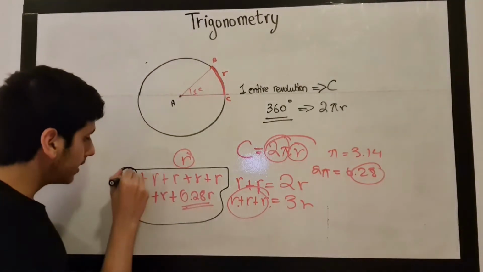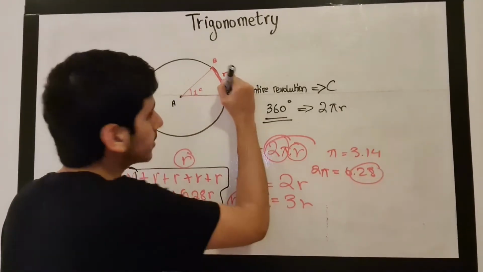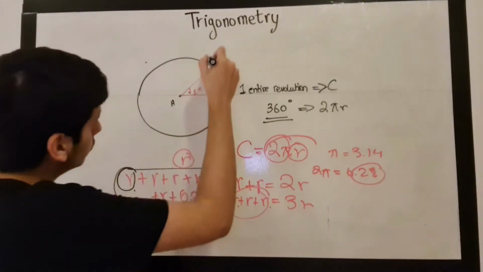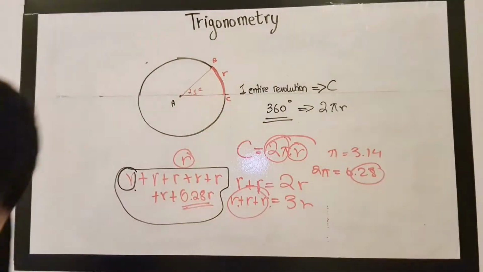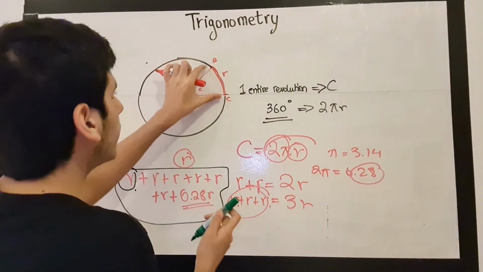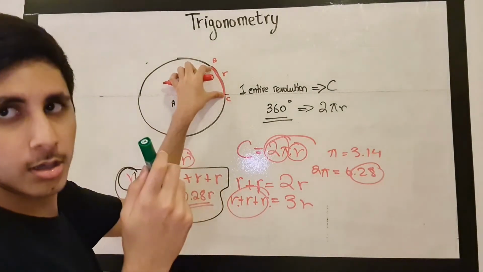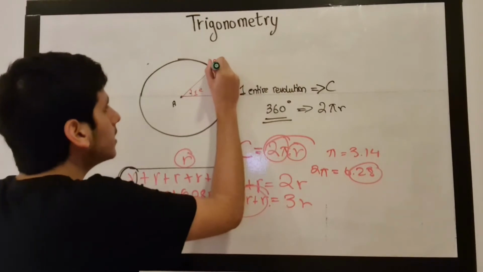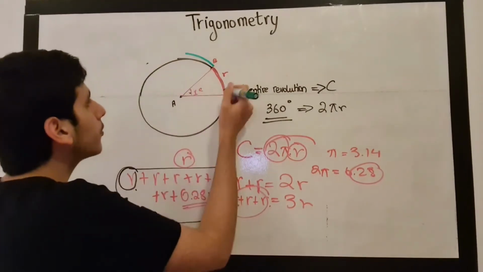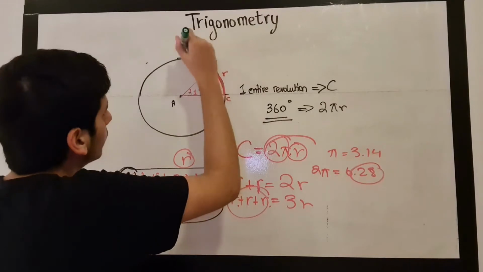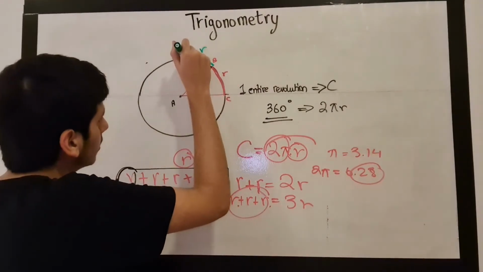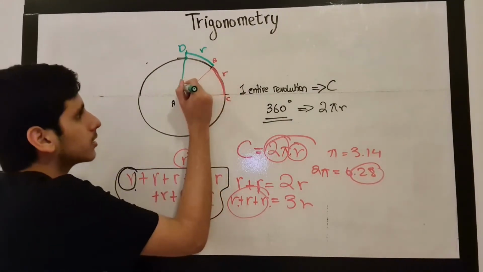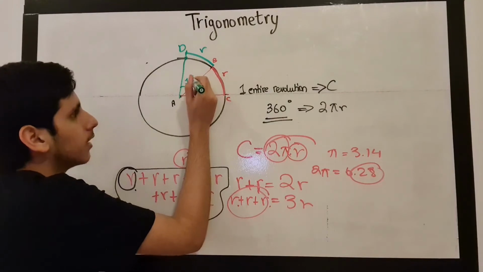Okay, this would equal the value of the circumference. Now note, the value of r on the circumference corresponds to 1 radian at the center. So this one arc of measure r corresponds to 1 radian at the center. Let me extend this to another point D, and once joined to the center, this arc subtends another radian.